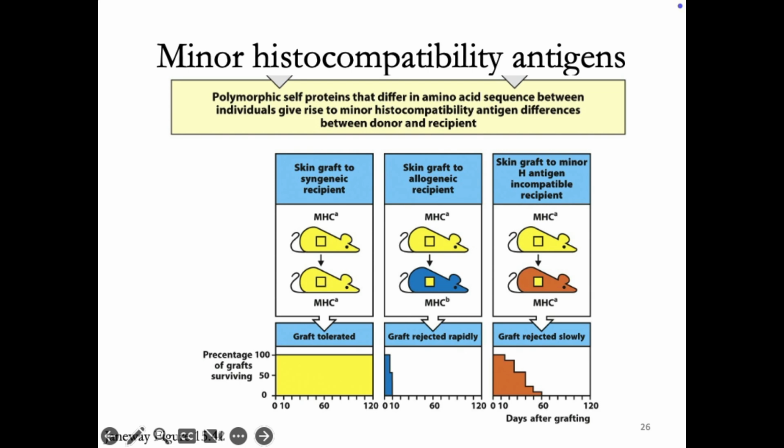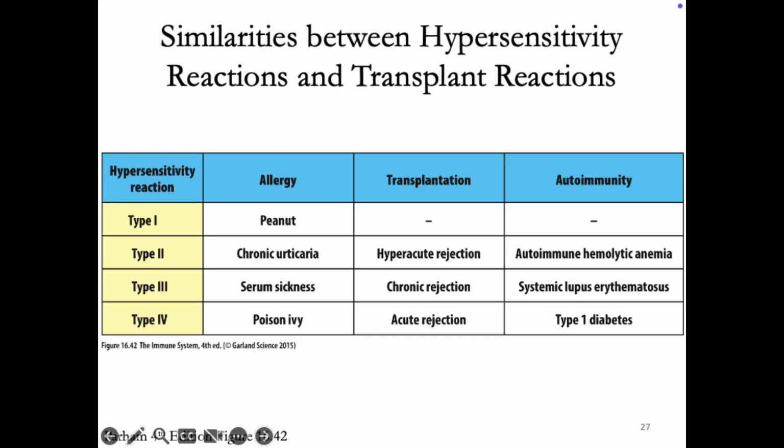We do also have this other type of rejection, which is known as chronic rejection. Chronic rejection is seen years after transplantation. There's a lot that we don't understand about chronic rejection.